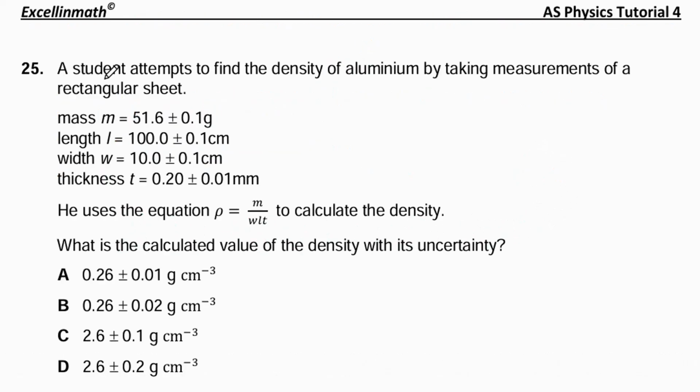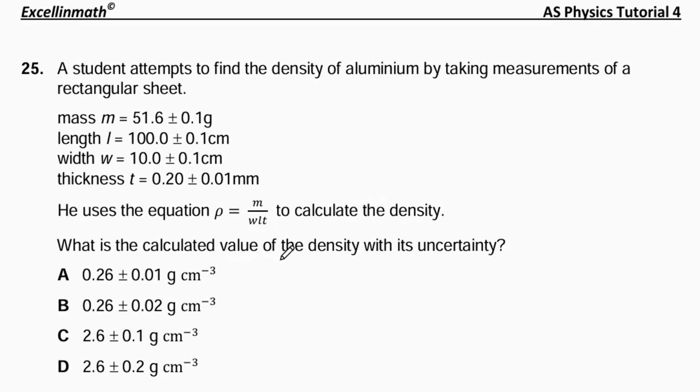So here it says a student attempts to find the density of aluminium by taking measurements of a rectangular sheet. So we're given the mass M, the length L, the width W, and the thickness T, together with their absolute uncertainties. He uses the equation rho, so the density equals mass, or M, divided by WLT to calculate the density.